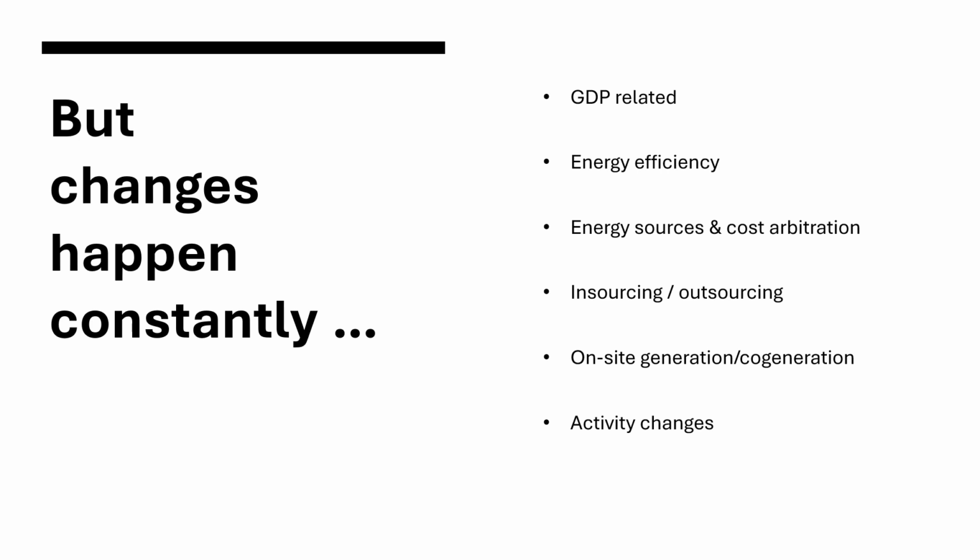And why is that? First, GDP related. It means that if the economy is booming, energy consumption should also be increasing. Perhaps this energy user is developing energy efficiency projects and the energy consumption might be reduced.